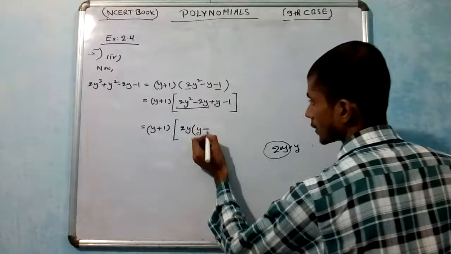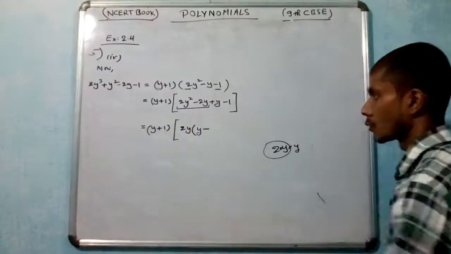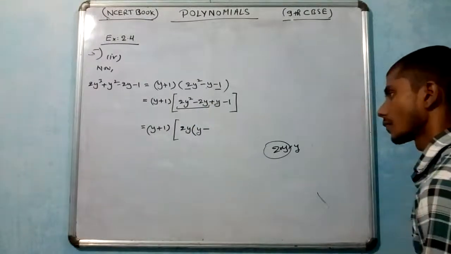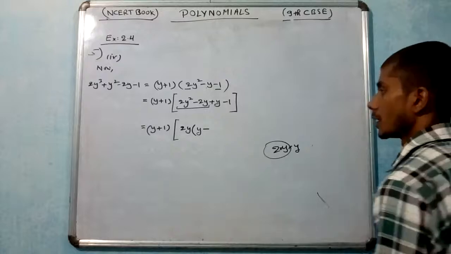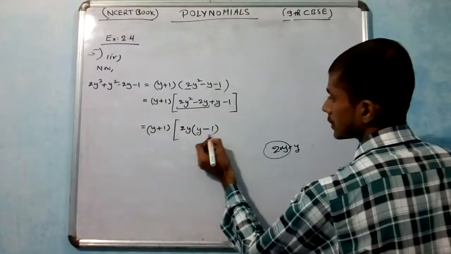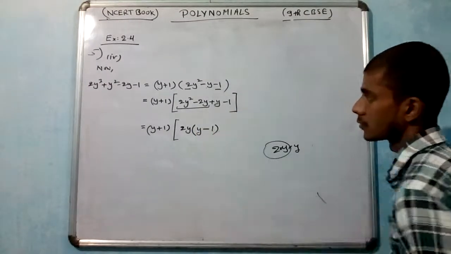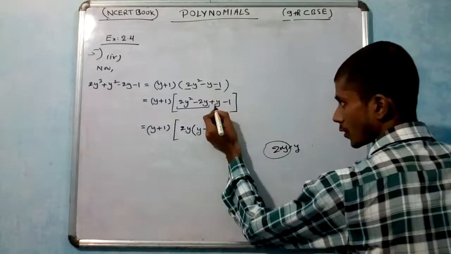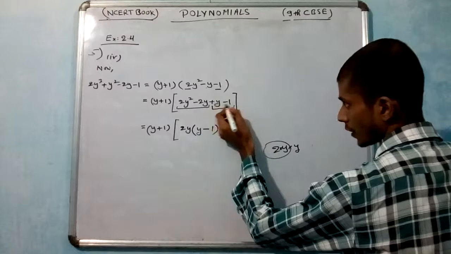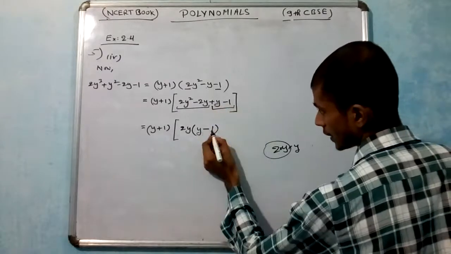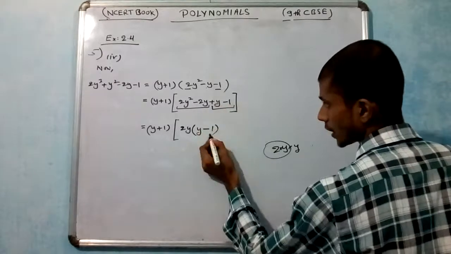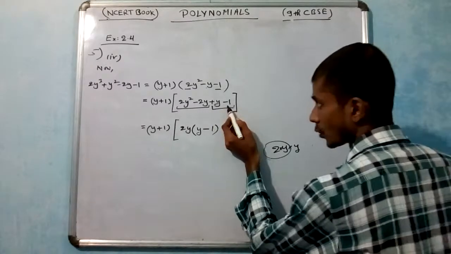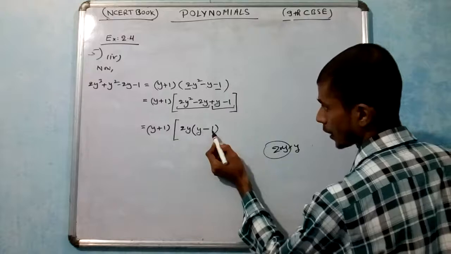And then minus sign as it is. Then from the 2y, if 2y is taken out, what is left? The same thing: we already have plus y minus 1 inside the bracket, the same signs, plus y minus 1.